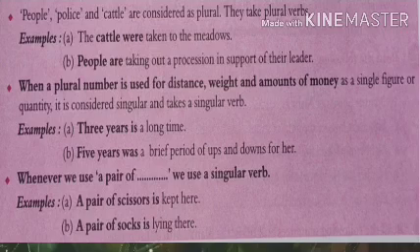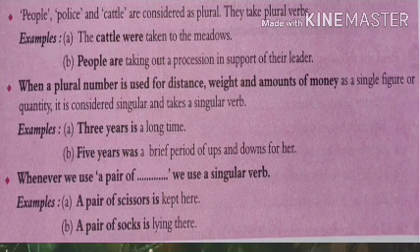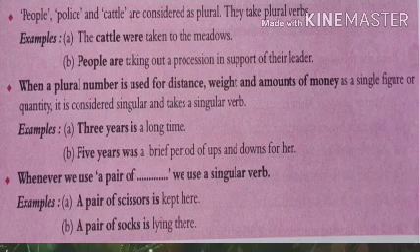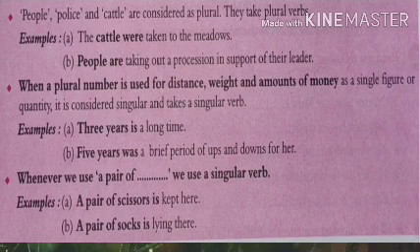Whenever we use a pair of, we use a singular verb because the main subject is a pair, and for a pair, because it is singular, the verb should also be singular, like a pair of scissors is kept here, a pair of socks is lying there. The main subjects are not scissors and socks. The main subject is a pair, and that is why the verb will be of singular number.